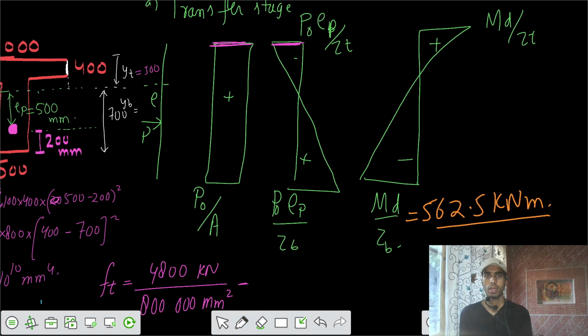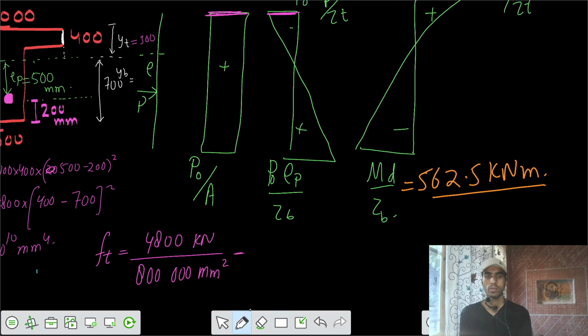The value of EP is 500. Z top is I neutral axis divided by Y top, that is 500 millimeters. So you have to ensure that units are in a correct way.